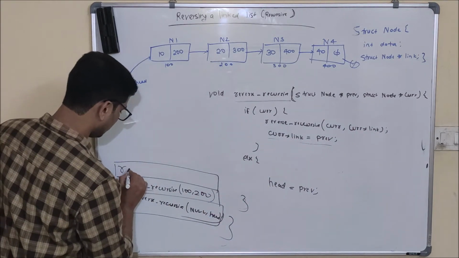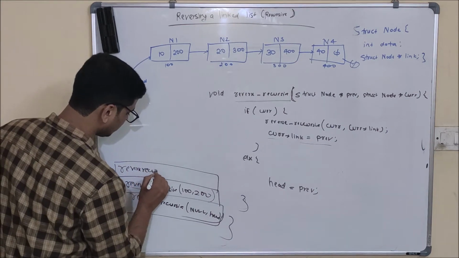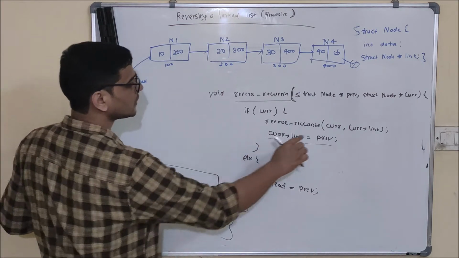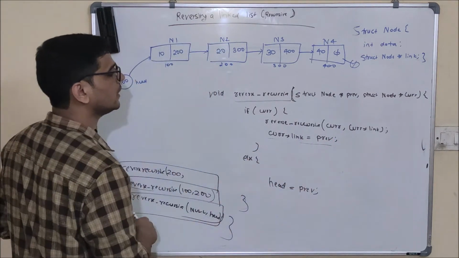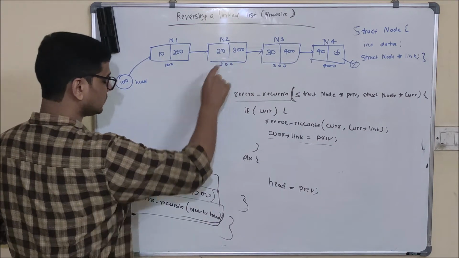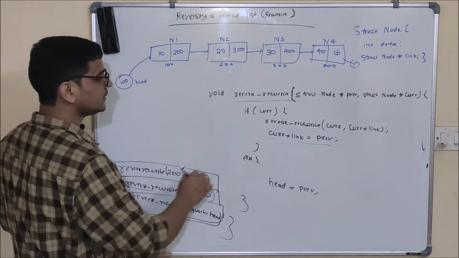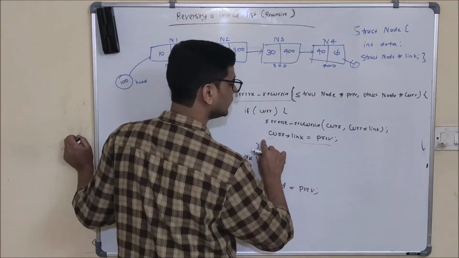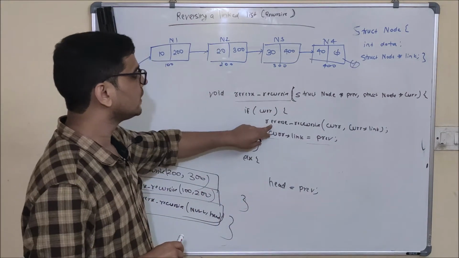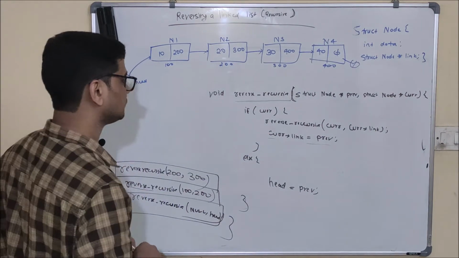That is reverse recursive 200, current dot link, that is the link part of node 2, that is 300. Once this function call is made, this line will go on hold until we get a return from this function.